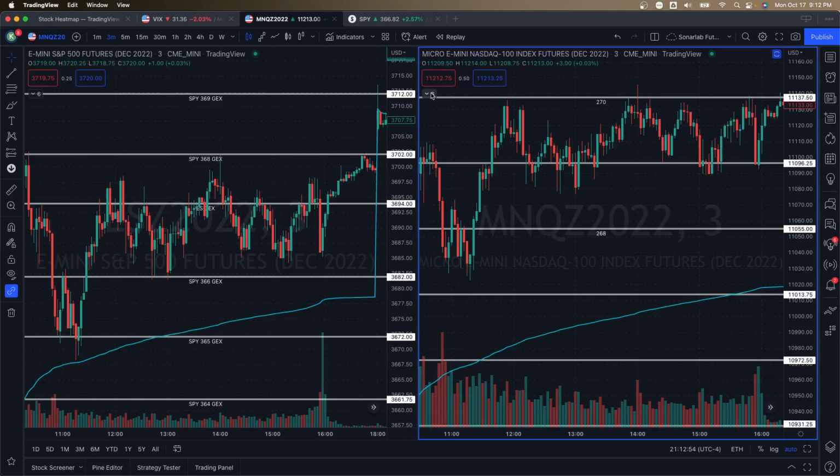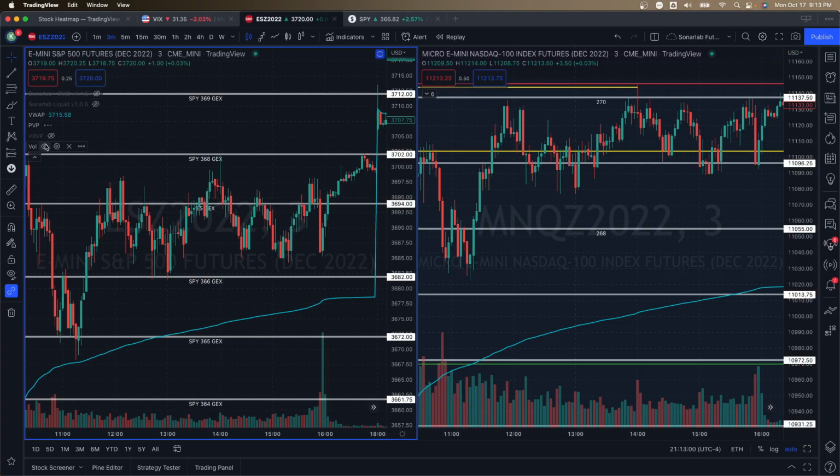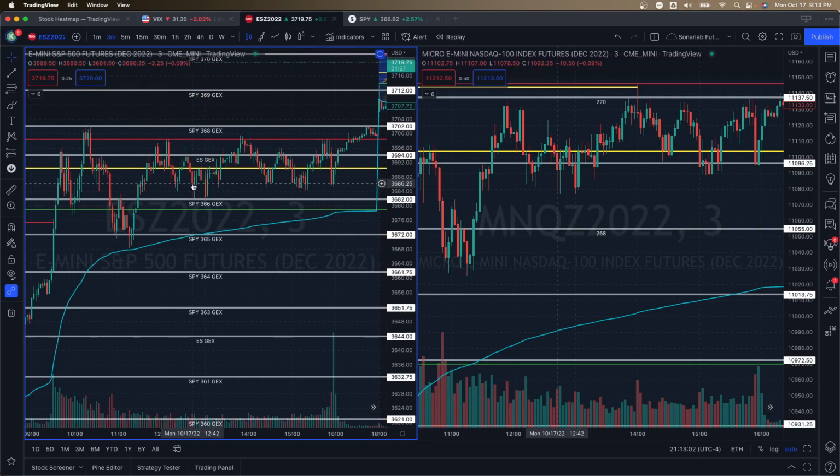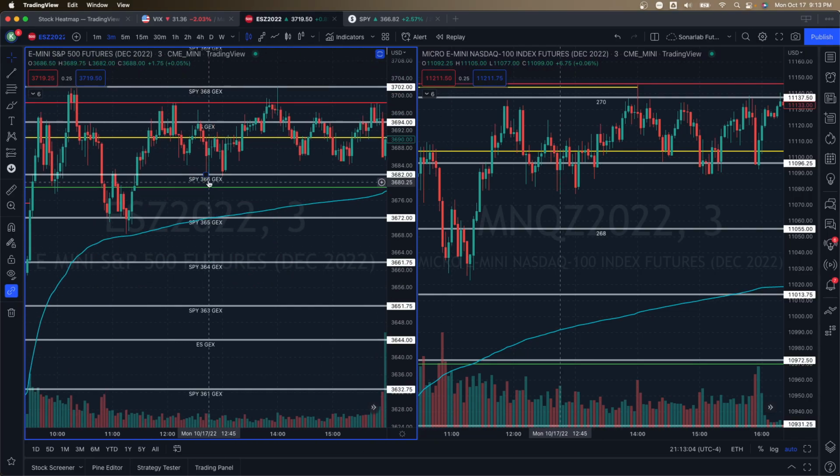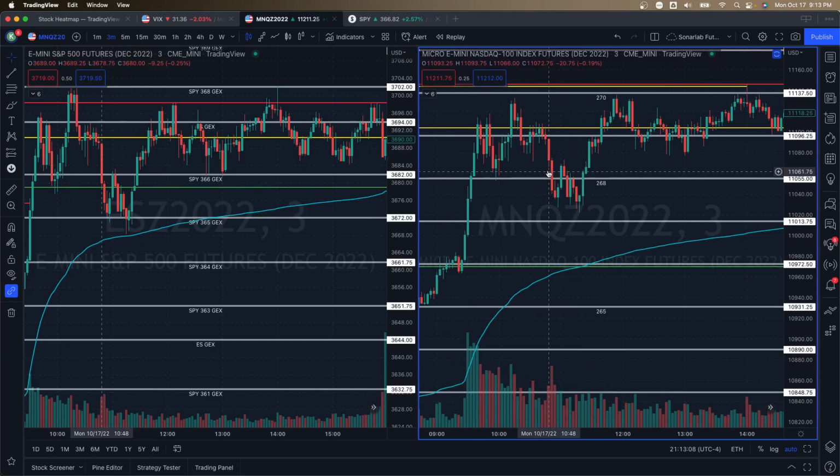One other thing you can do to make this strategy even a little bit better is add in the periodic volume profile, and you'll get the value areas on there. As this unfolds throughout the day, sometimes you'll see, and this is another thing that blew my mind, you could see here we were reacting to an NQ gamma level. But what I never realized before was that if I was just looking at SPY, I would say, okay, we're reacting to the value area low on SPY.